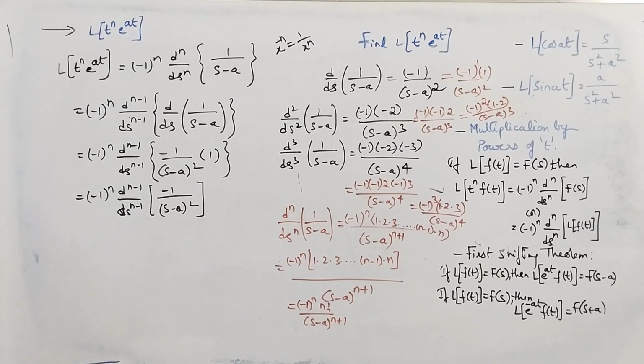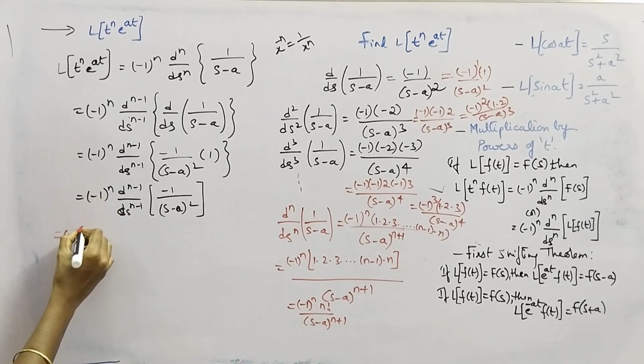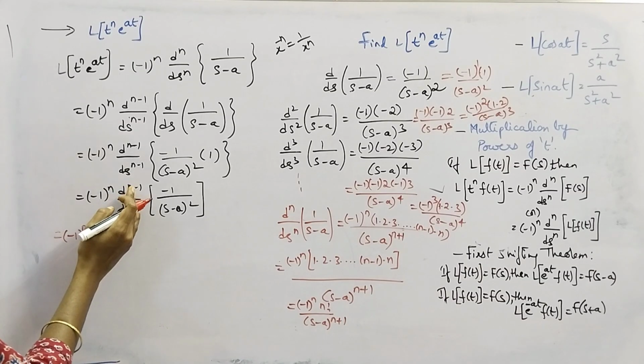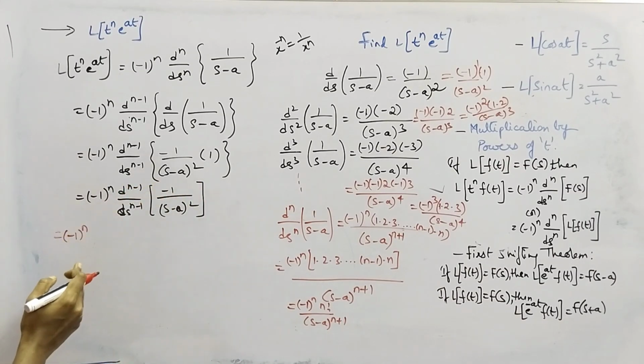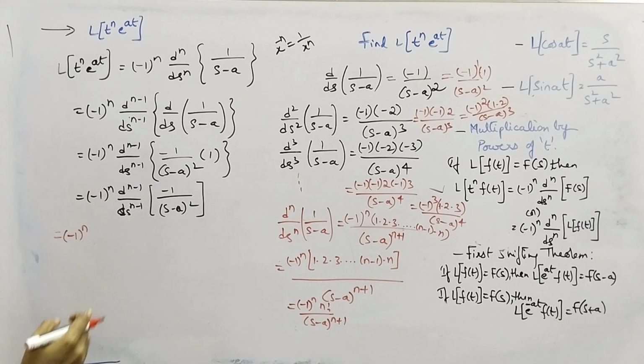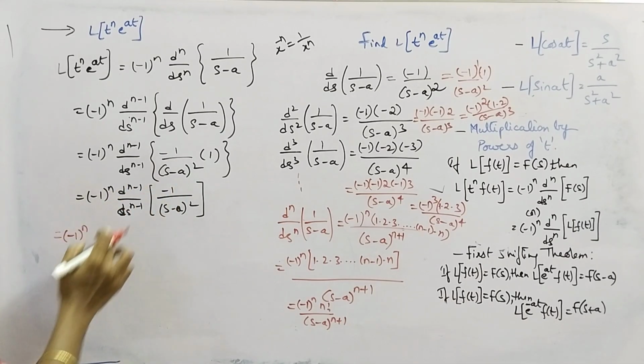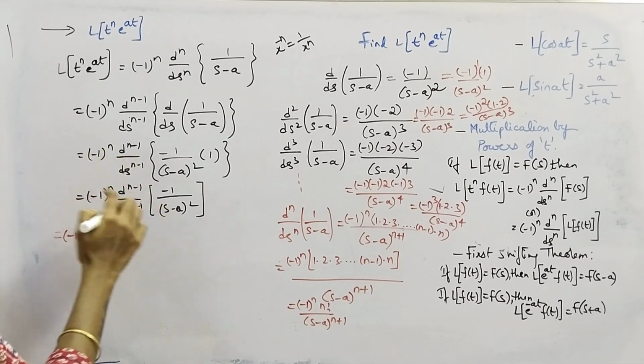Now, coming to the problem, you can just write minus 1 power n into this term directly here. But I'll show you here. We'll write this, and now I'll take one derivative inside the bracket. How can we take one derivative? If you take one derivative inside the bracket, here you'll get one derivative less than this.